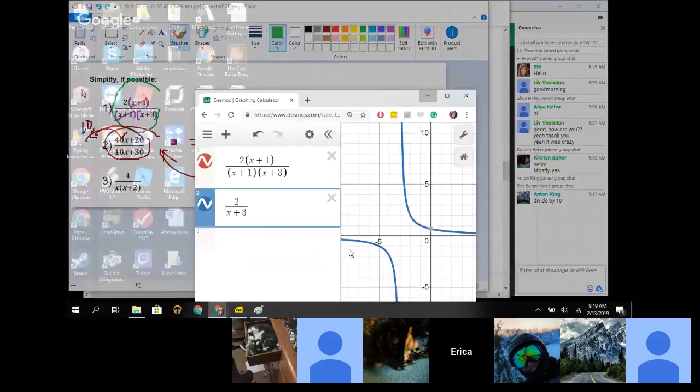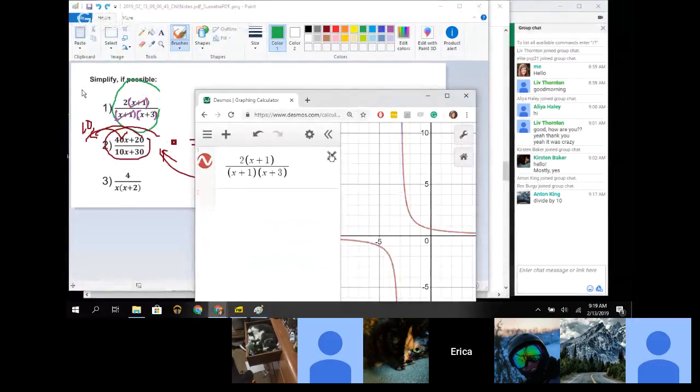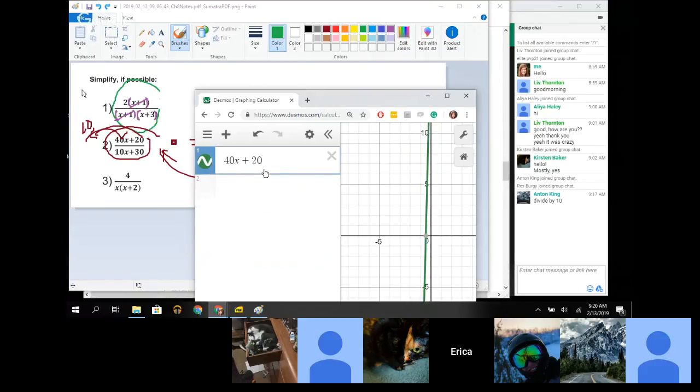When you graph it, these two graphs should be equivalent, right? Because we're just simplifying a rational expression. So 40x plus 20 divided by, you have to be careful when you put these in. You need this whole thing divided by 10x plus 30.